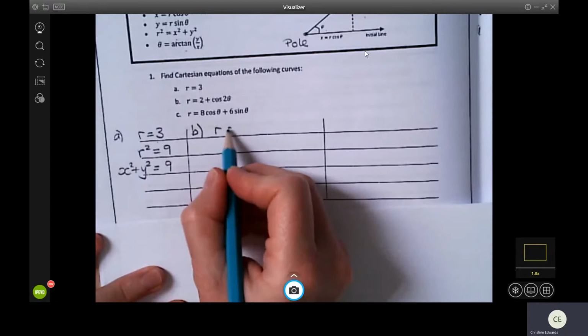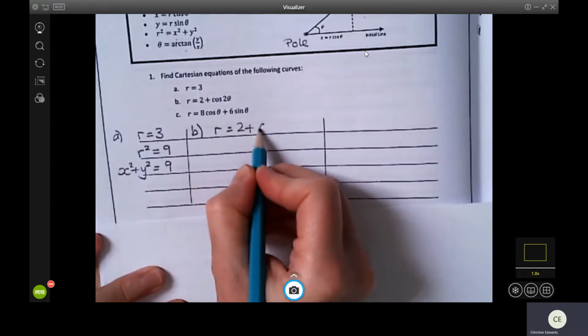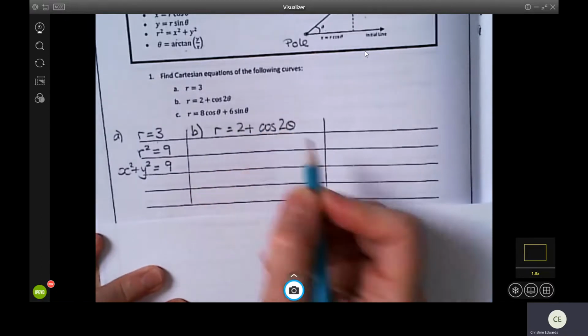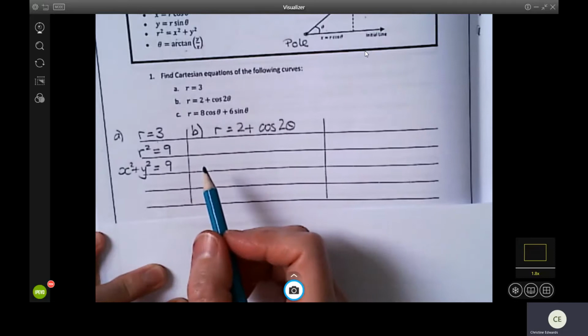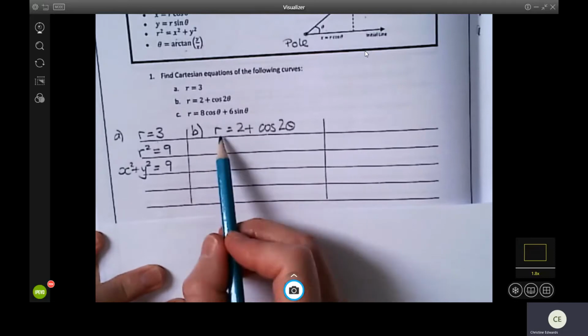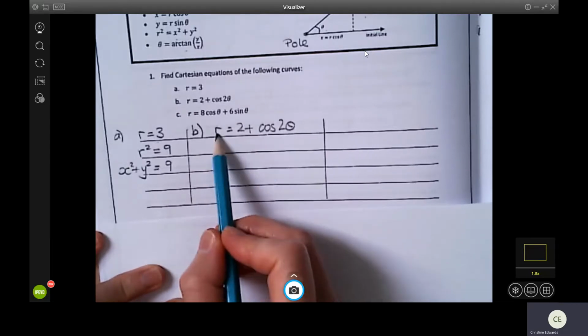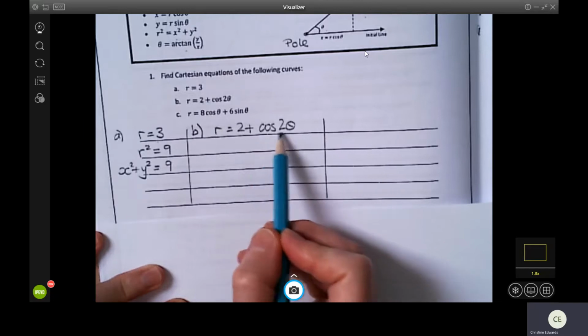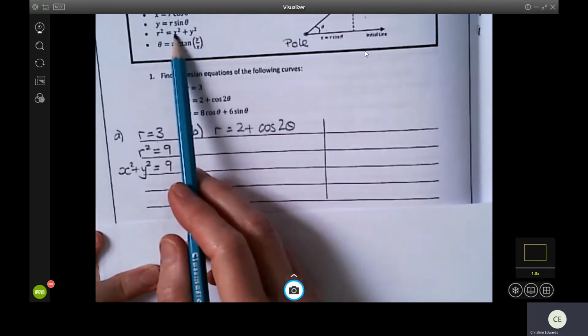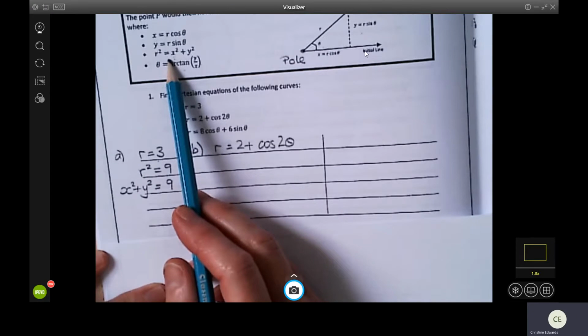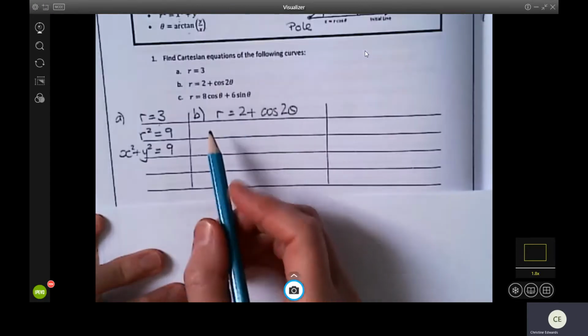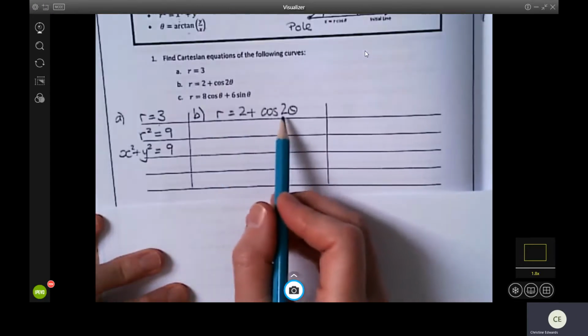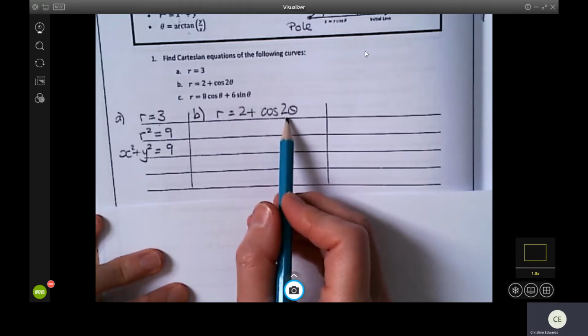B. Then we've got r equals 2 plus cos of 2 theta. Now, I need to be able to replace the r, and I need to be able to replace cos of 2 theta, and I need to be able to do it using these equations at the top of the page. So to begin with, I'm going to think about this here. I haven't got an equation for cos of 2 theta.